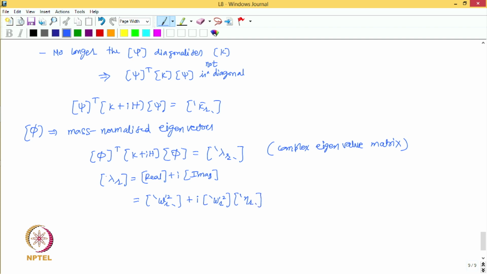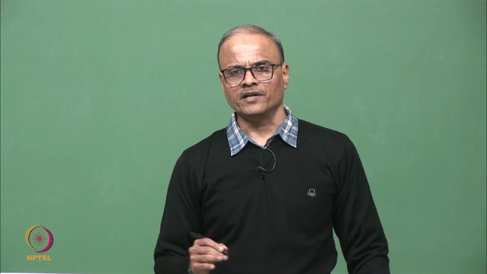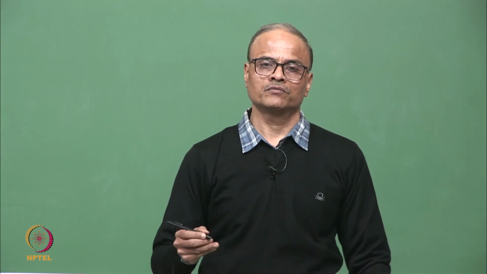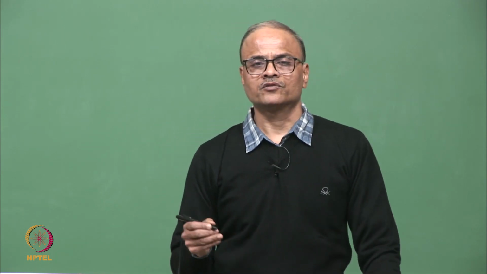So, we should note that this complex eigenvalue matrix is diagonal, and hence the real part and imaginary part matrices are also diagonal. We have broken down the imaginary part into the multiplication of two parts. One is the diagonal matrix of omega r dash square, and whatever is the remaining quantity, we have called the diagonal matrix of eta r. So, eta r, the matrix that is left, serves as the matrix of modal loss factors.